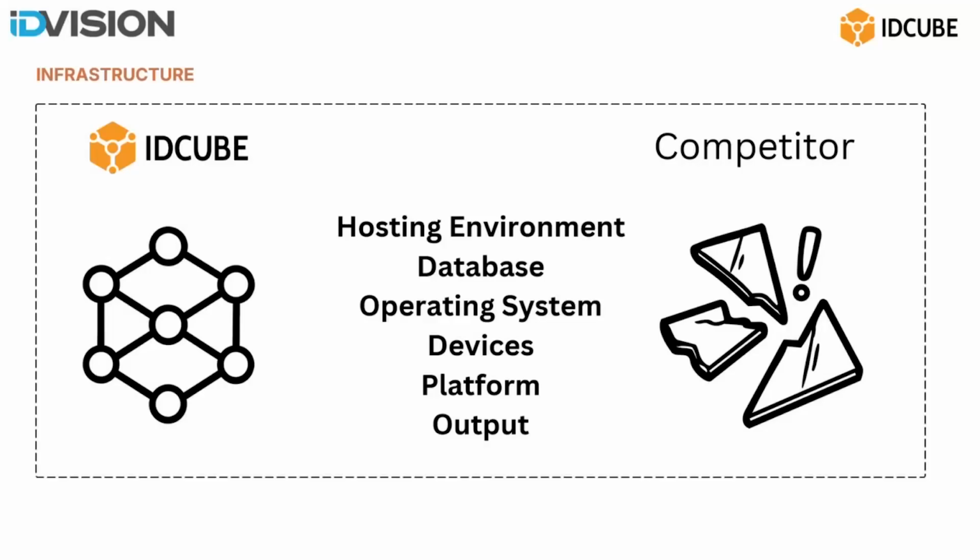We let you choose your operating system, whether you need a Mac, whether you need Windows, whether you need Linux. We let you choose your devices, whether you want Suprema, whether you want IDEMIA, whether you want any other third-party systems. We let you choose the platform and we let you choose your outputs.